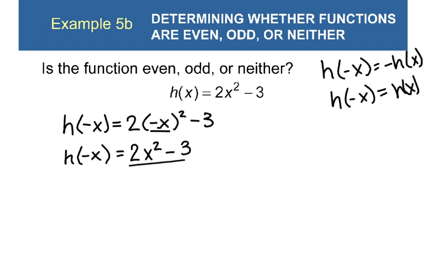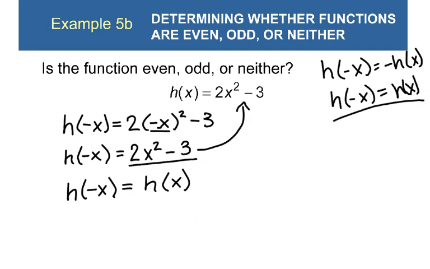So here we have the same as our original function we started out with. Therefore, our h of negative x is equivalent to h of x, which is by definition even. Okay, so there's an even function.